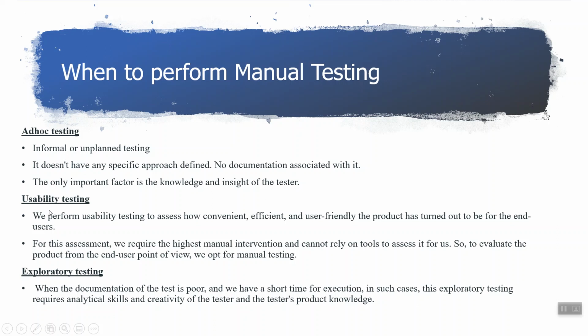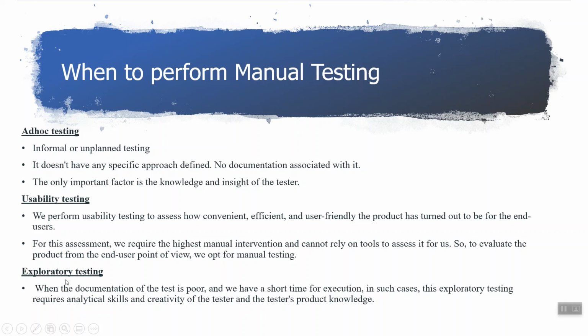Another type is usability testing. We perform usability testing to assess how convenient, effective and user friendly the product has turned out to be for the end user. At this point we need manual testing. For this assessment, we require the highest manual intervention and cannot rely on a tool to assess it for us. So, to evaluate the product end to end from the end user's point of view, we opt for manual testing while doing usability testing.